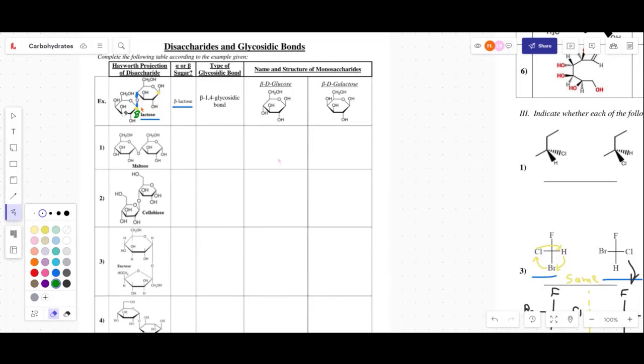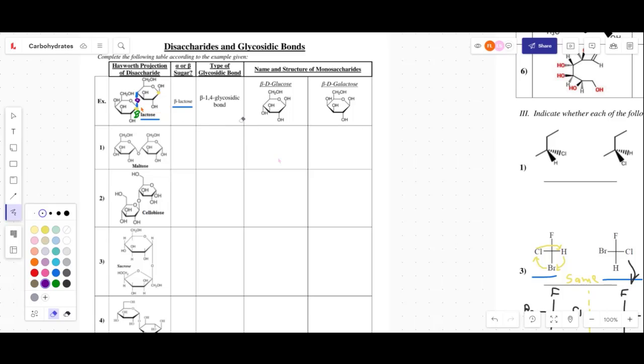If these same two sugars were connected, but the oxygen was pointing down, then that would be an alpha lactose. In this case, we have a beta lactose.